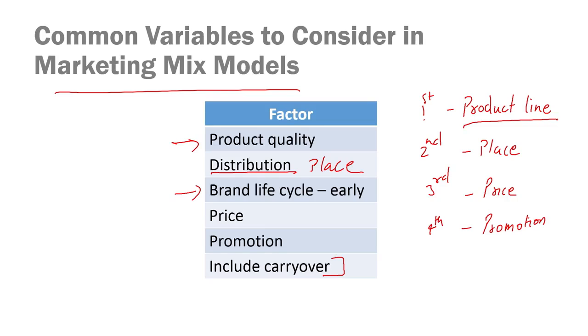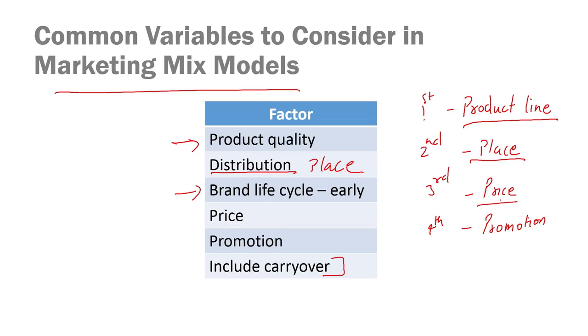So here are the 4 P's, right? Product, price, place, promotions. A nice little tidbit from recent research is that when you include these 4 P's, what's more important? Turns out the first thing is product line. Product is the most important factor determining sales. Second is distribution, how widely you distribute the product.